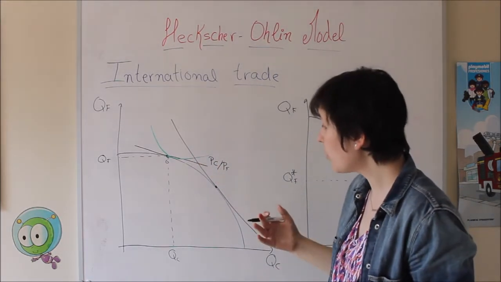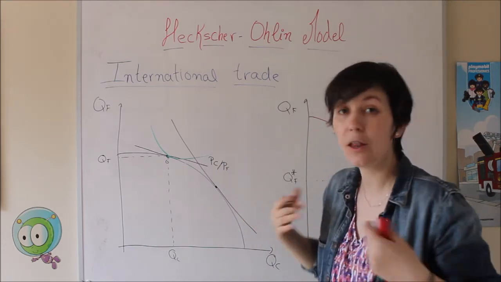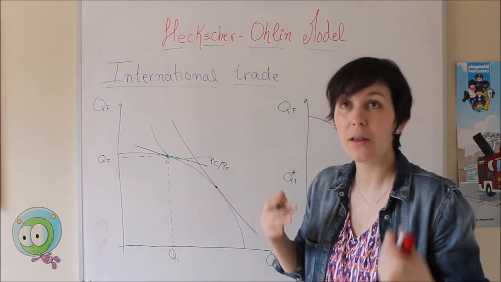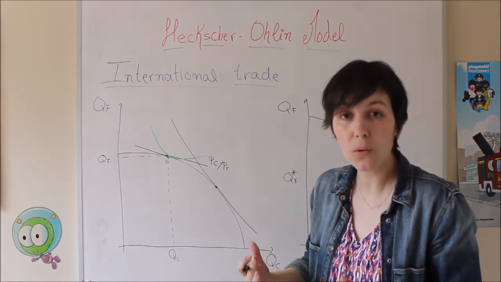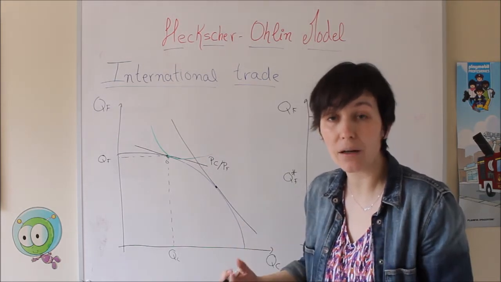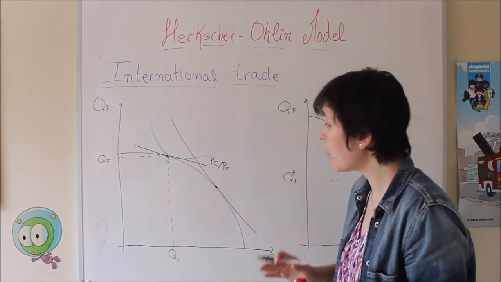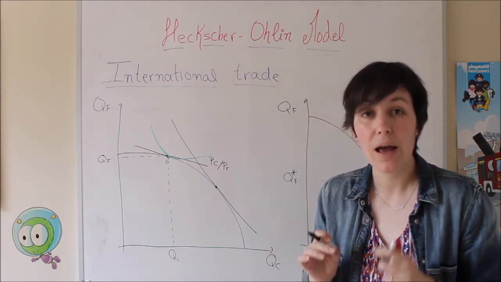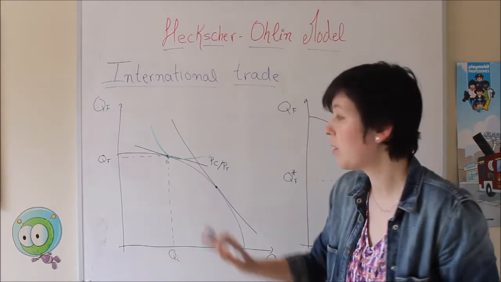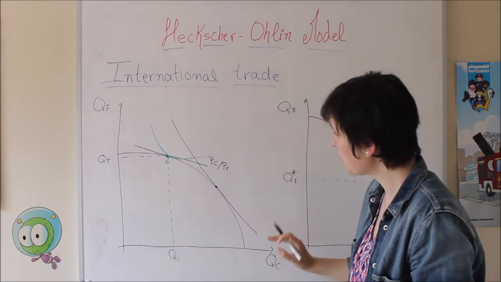And we are looking for a higher slope because we know that the new international relative price of clothes is going to be higher. So that slope has to be higher, and the only points in which the PPF has a higher slope are here on the right side.